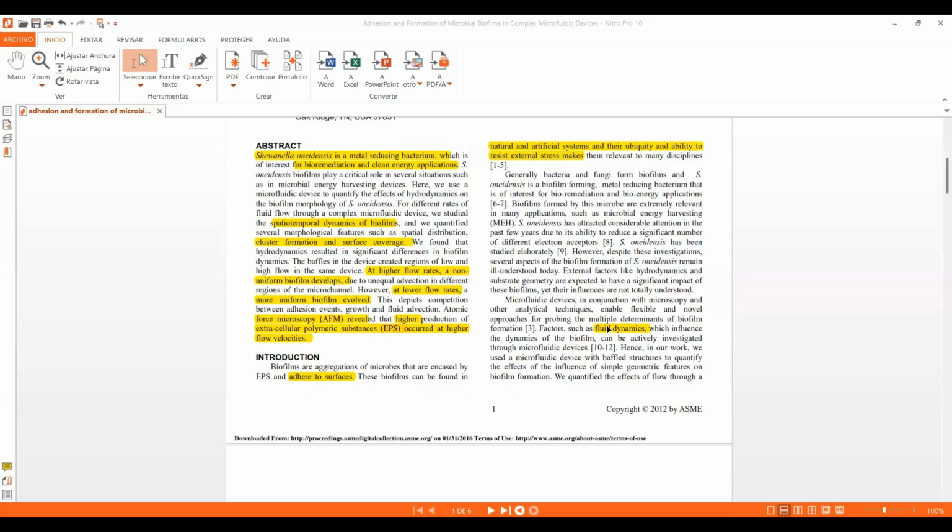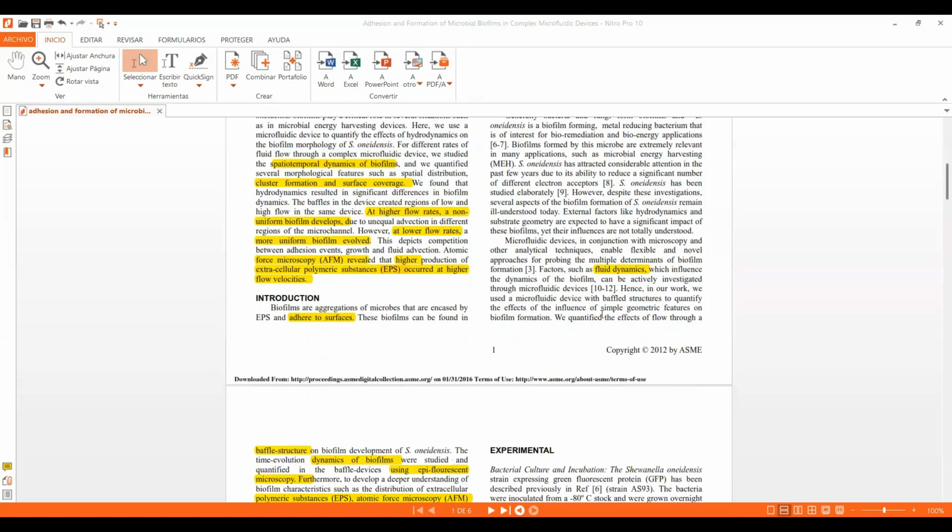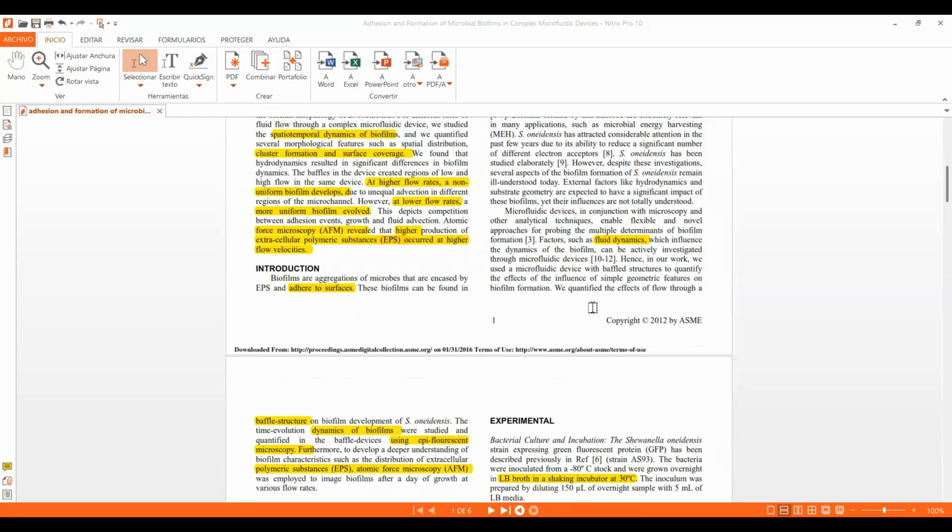So in this paper, they quantify the effect of flow through a baffle structure on biofilm development of the bacteria using fluorescent microscopy, developing a deeper understanding of biofilm characteristics such as the distribution of extracellular polymeric substance, EPS, with atomic force microscopy.